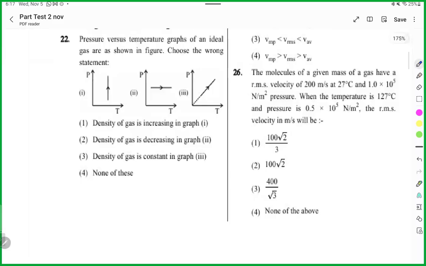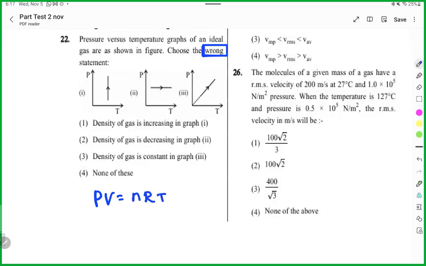Yes, so the pressure versus temperature graph of an ideal gas is shown. What is the wrong statement? Though it is given in the kinetic theory of gases, we will do it, no issue. So in this question 22 we know PV is equal to nRT.